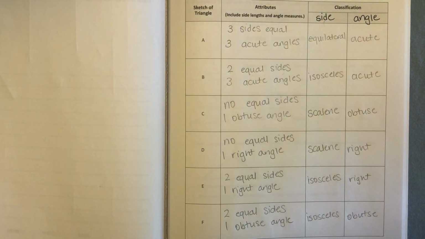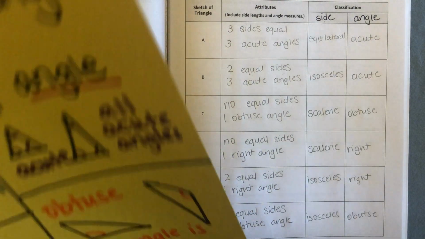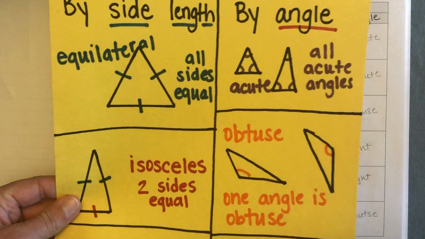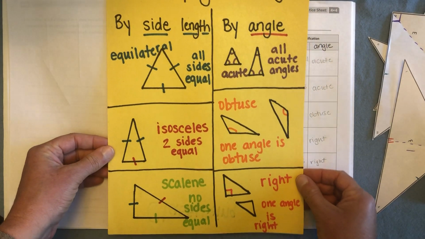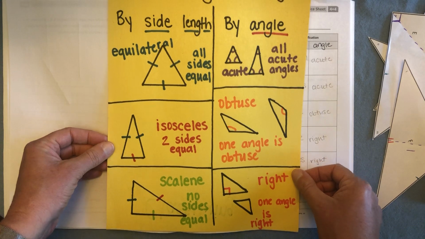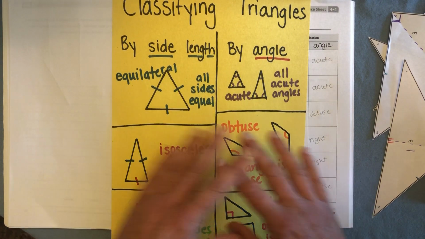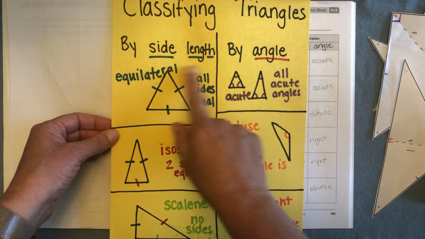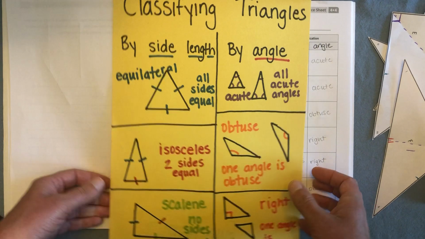Now, I have made for you or printed for you or attached for you, your parents will have to print it, a chart that looks like this. It's actually a picture of this chart and it is in Canvas. And so while you are doing your work today, I would really like for you to have something like this in front of you because it's hard to remember all this stuff when you've just learned it.